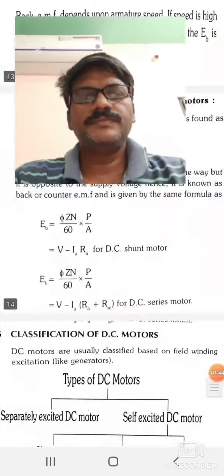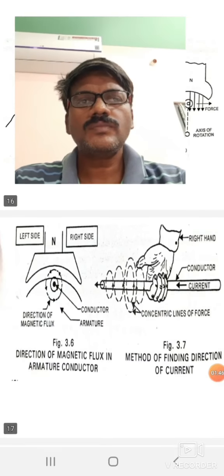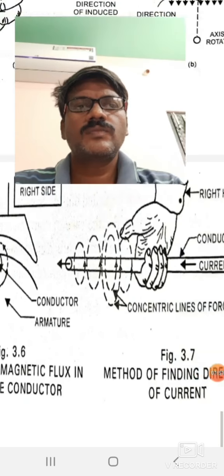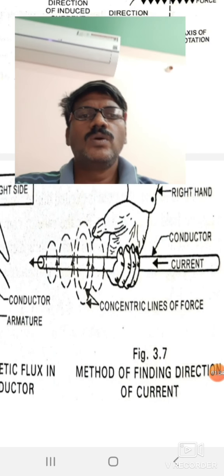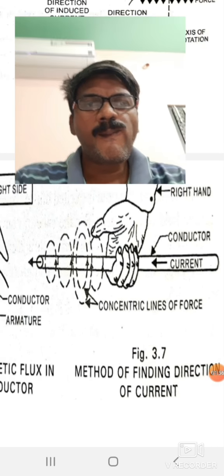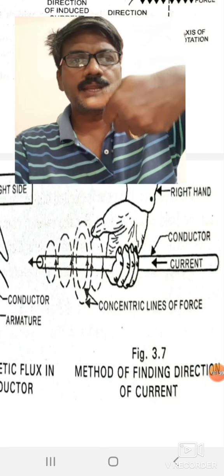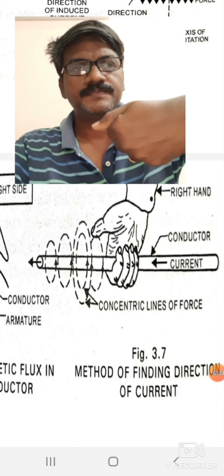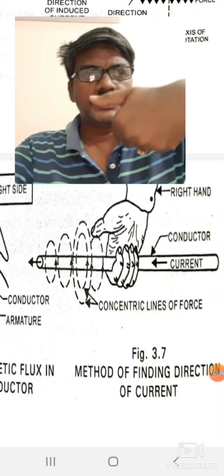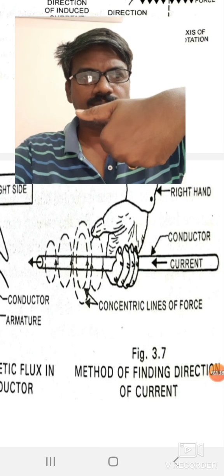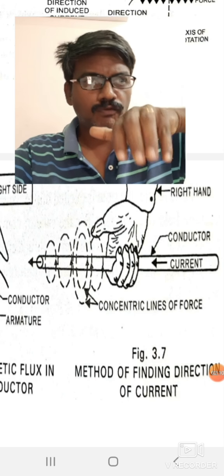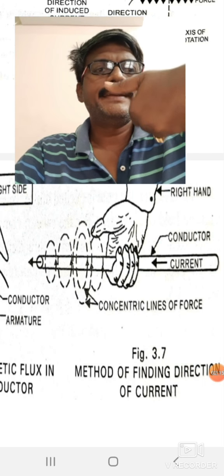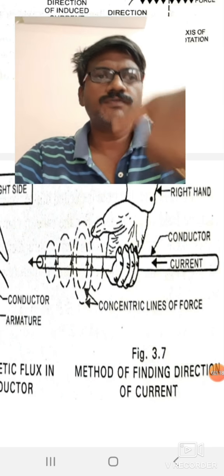So let us consider a current carrying conductor placed in a magnetic field. The thumb shows the direction of the current, and the remaining four fingers show the direction of the magnetic field.